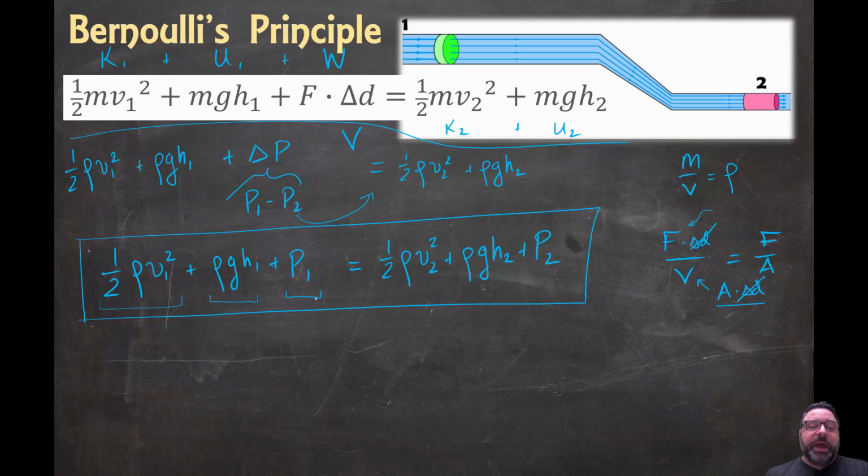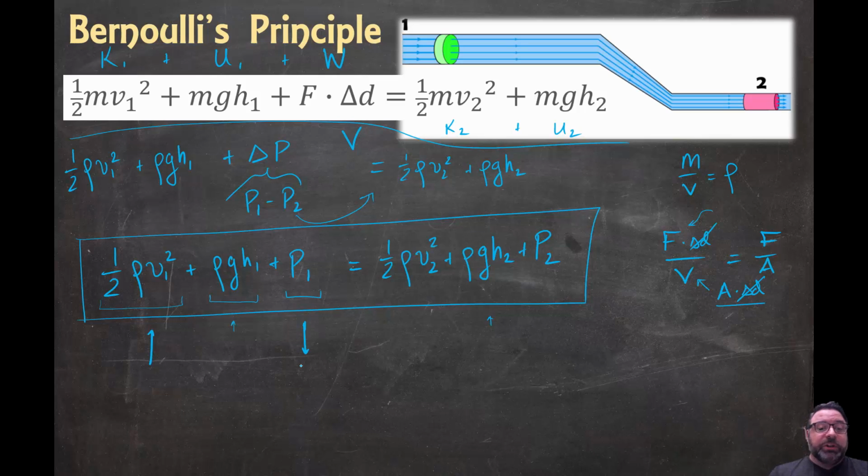Now let's look back and see if it matches up with our two experiments. In the first experiment, we held the height constant and asked what happens to the pressure as the velocity changes. Well, if the height is constant, this term and this term we don't have to worry about. As the velocity goes up, as this term increases, this term has to decrease, because the sum of those two has to stay the same.